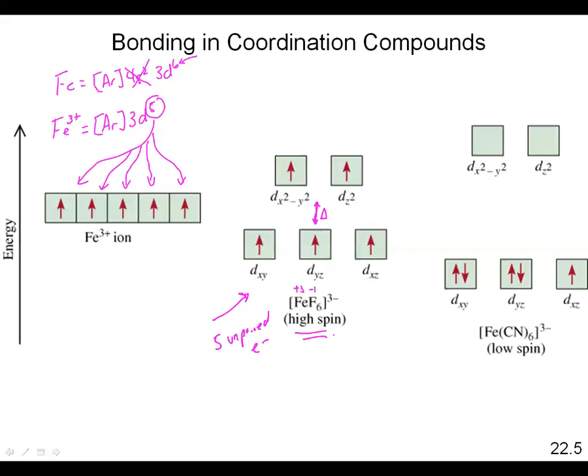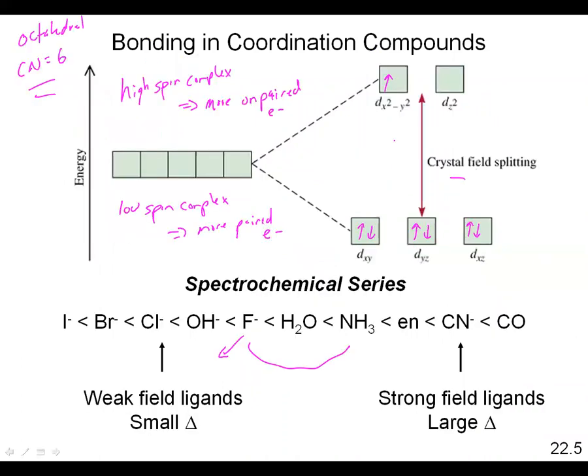Now, when we look at the complex ion on the right, the iron with the 6 cyanides attached, again here the iron is going to be +3 as well. Coordination number again on both of these is 6. And that again means that we're going to have the same splitting that we see here, with our xy, yz, xz on the bottom, our squared guys up on top. But when we look at CN as our ligand in this case, that means we're going to get a strong field.